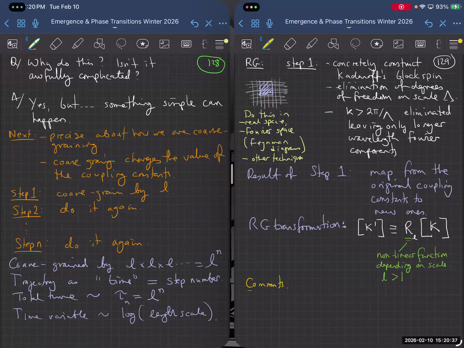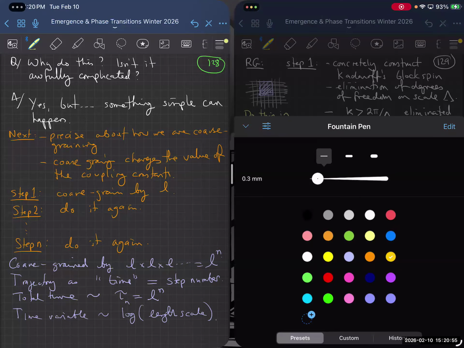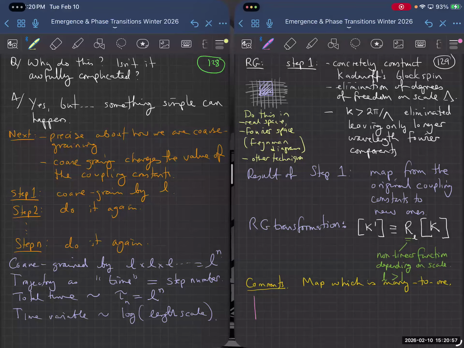And the first comment is that this is a map which is many to one. And you've seen this before, but I want to now emphasize it in this particular context. So let's suppose I show you the following 3 configurations. So here is configuration 1. Here is configuration 2, and I haven't drawn it yet. Here is configuration 3.